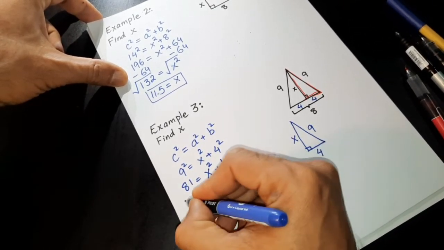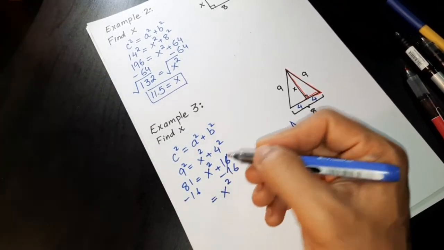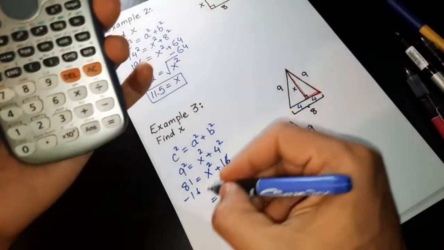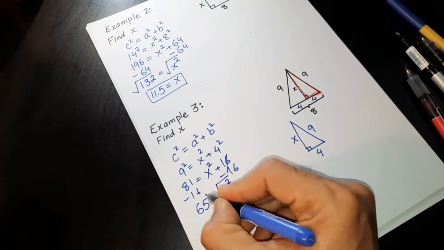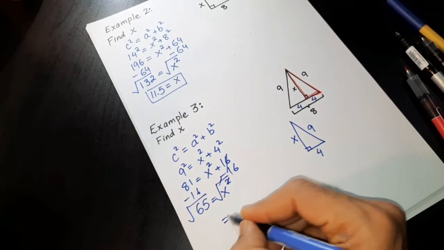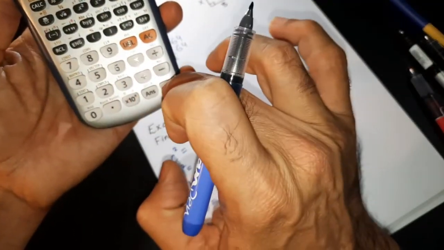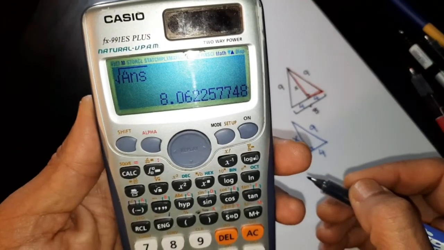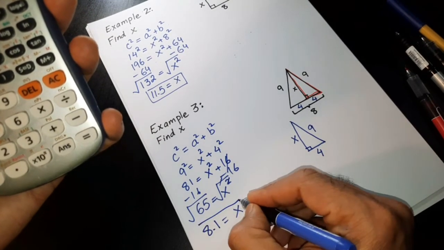Subtracting 16 from both sides, x squared is equal to 81 minus 16. 81 minus 16 equals 65. Then taking square root on both sides, x is going to be equal to the square root of 65, which is 8.06, which is going to be 8.1 if you round it to one decimal place.